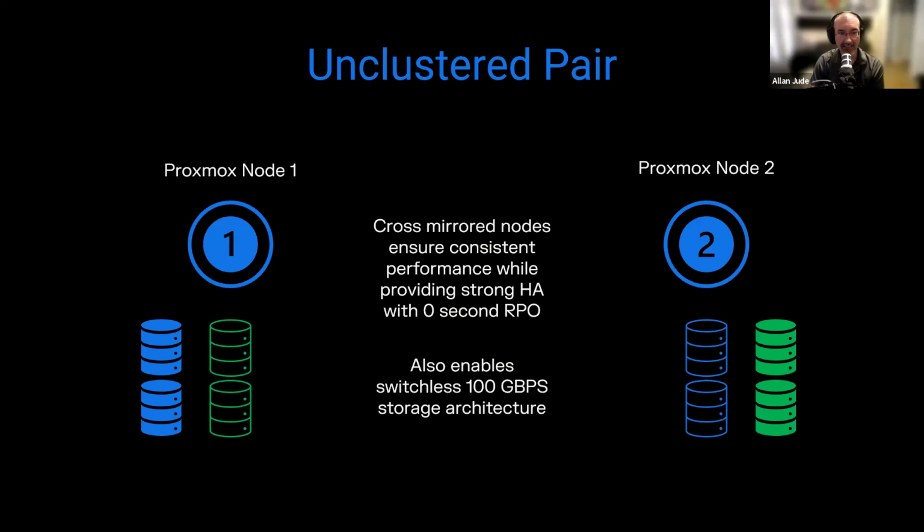So instead of relying on, if node 1 dies, we start the VMs from node 1 on node 2, if you put a database on node 1 and a database on node 2, node 1 using the blue drives, node 2 using the green drives, and have the database handle the replication of the data there, then you can get much more consistency and a much lower failover time that way, and a much stronger RPO.